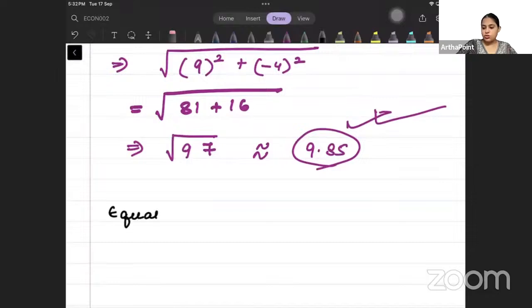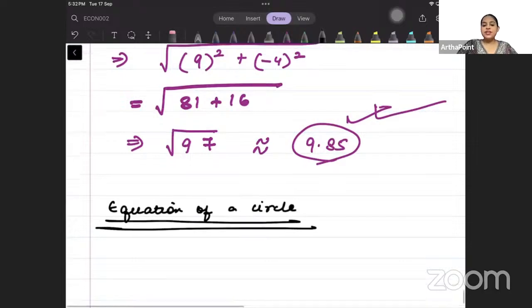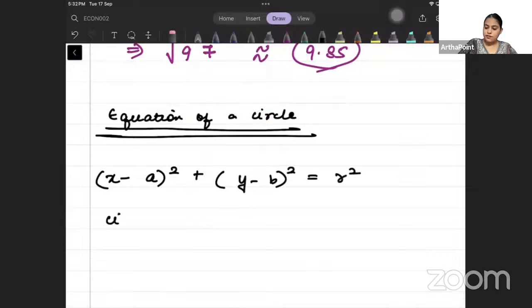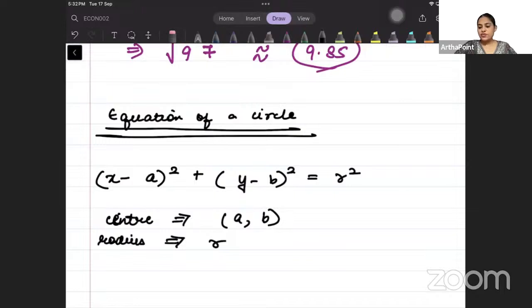The equation of a circle is (x minus a) whole square plus (y minus b) whole square equals r square, where the center of the circle is (a, b) and the radius of the circle is r.